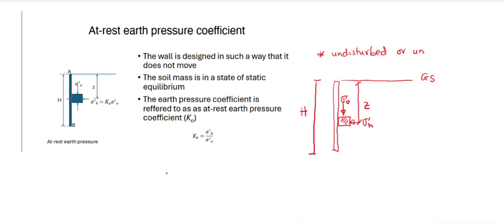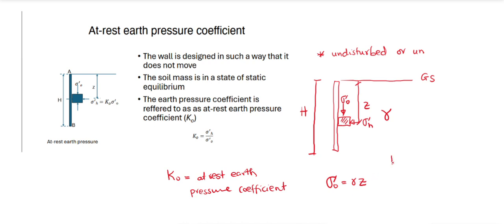So here, our key note is what? At rest earth pressure coefficient. And so in this case, let's take the soil unit weight to be gamma, right? And so our geostatic stress in this case is going to be gamma what? Gamma Z, right?